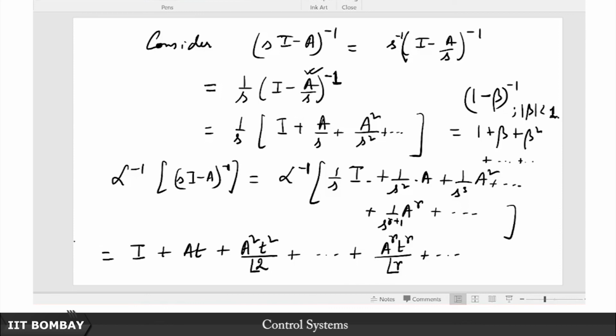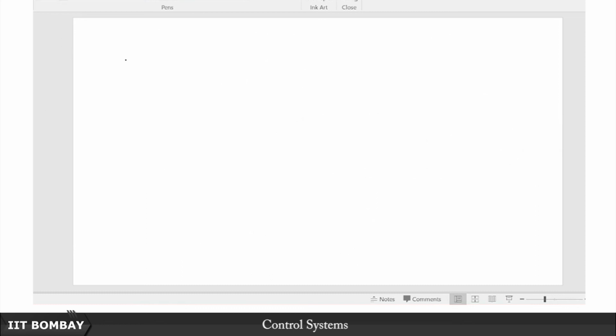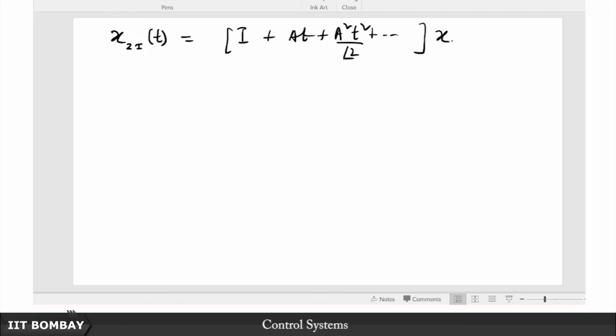If that is so, then I can say that my x0 input, sorry, not this, the small one, the time domain version. So x0 input t is going to be nothing but this: I plus At plus A squared t squared by factorial 2 plus dot dot dot like this, times x naught.